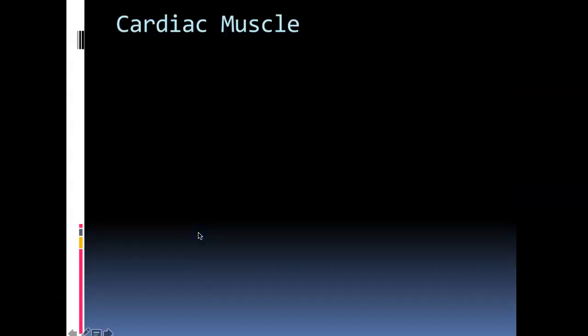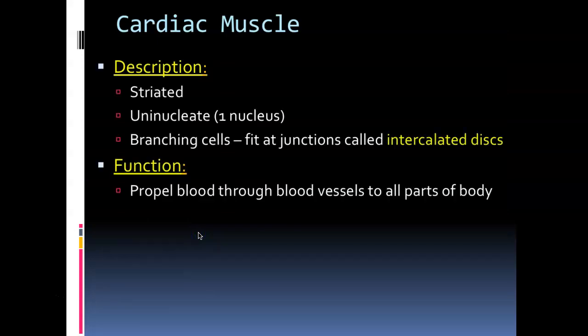All right. Cardiac muscle, as the name implies, is found in the heart. It is also striated. It takes on a banded appearance. It's uninucleated, so only one nucleus. And then you're going to find branching cells that fit at junctions, and those are called intercalated discs.